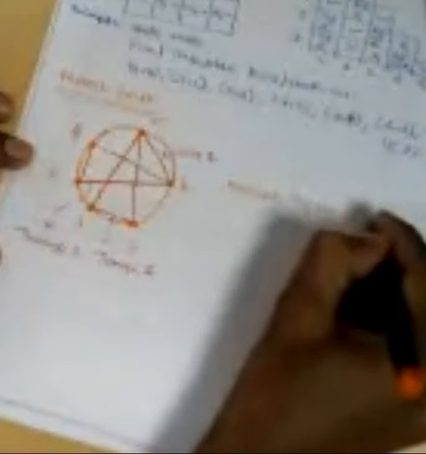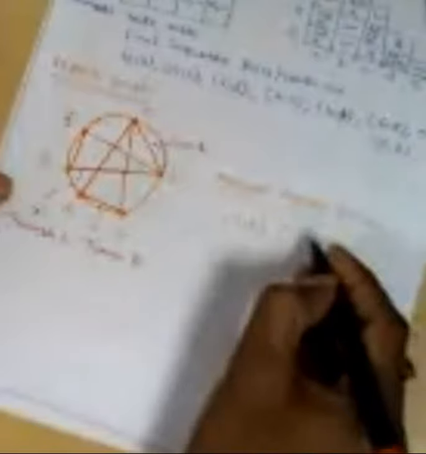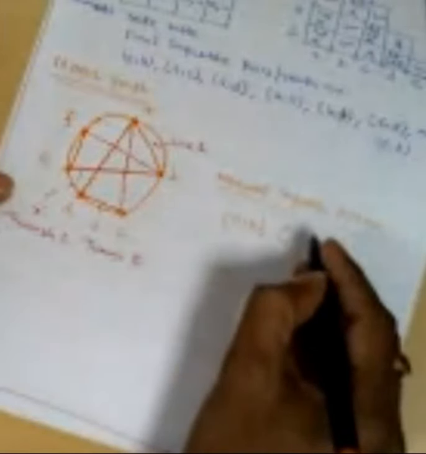Maximal compatible pairs are A comma B because of a line, and then B comma E comma F, and A comma C comma D.